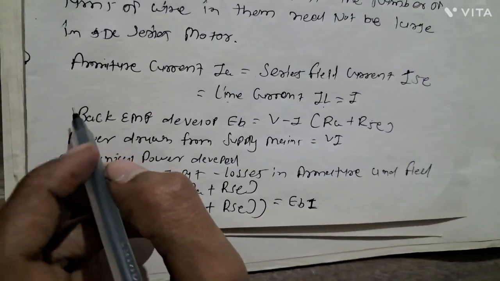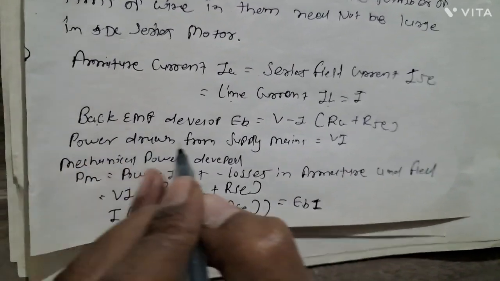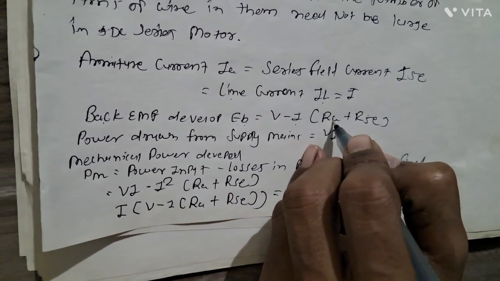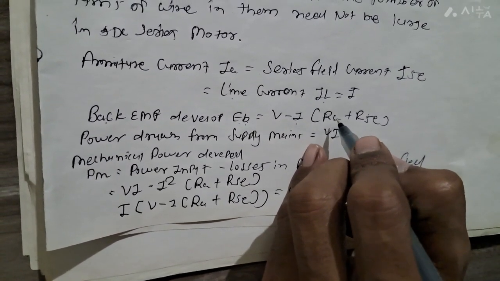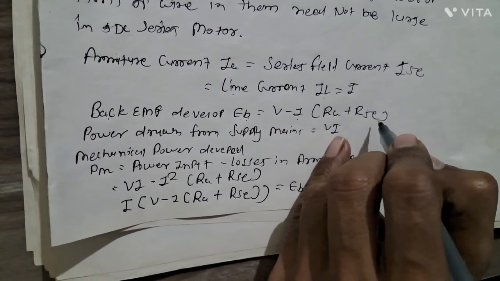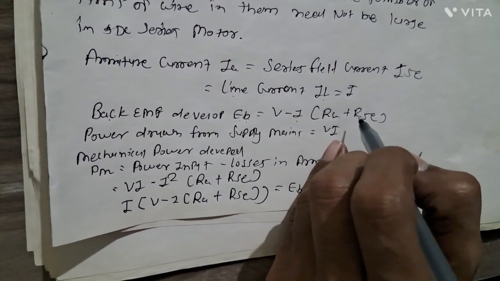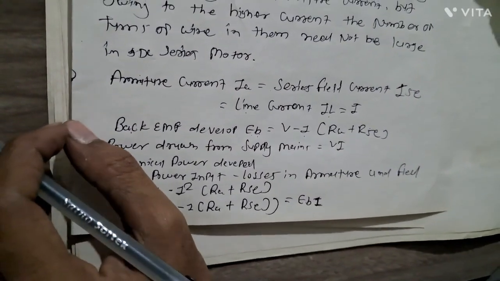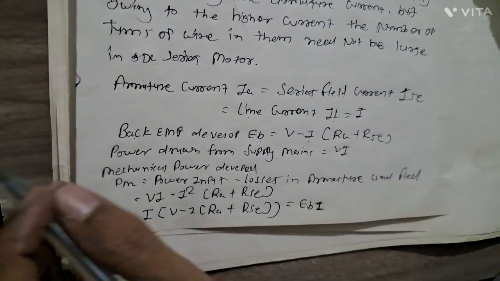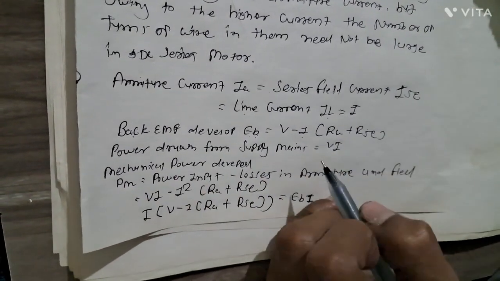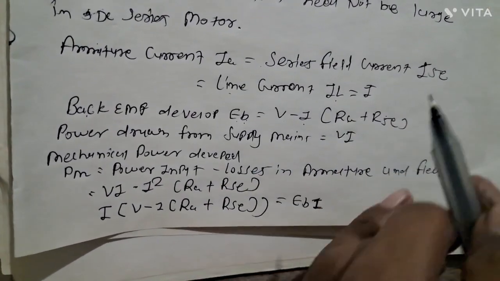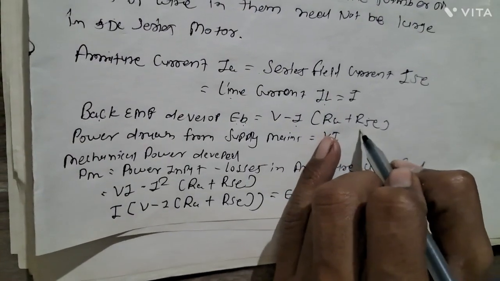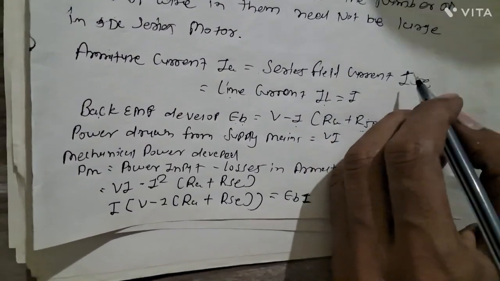Back EMF developed EB is V minus I, armature resistance RA, and RSE, series field resistance, which is also known as series winding resistance.